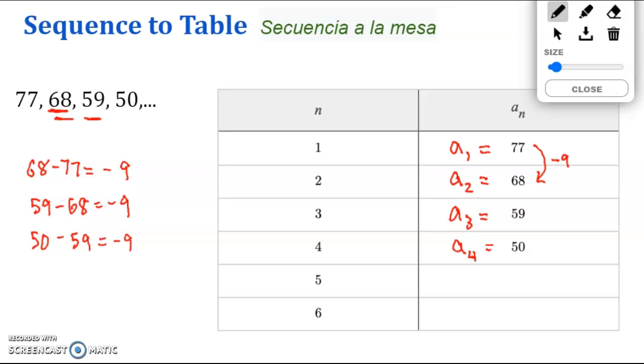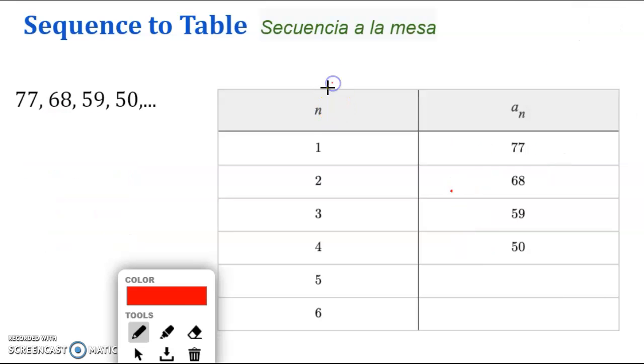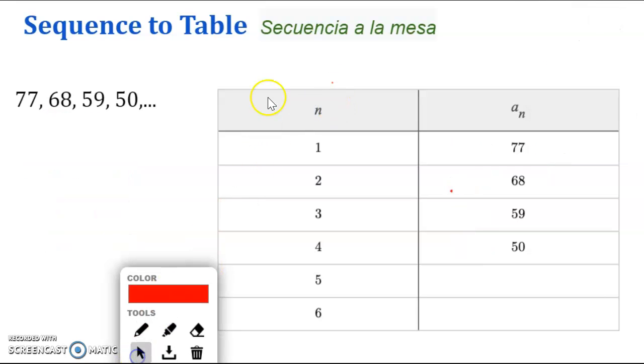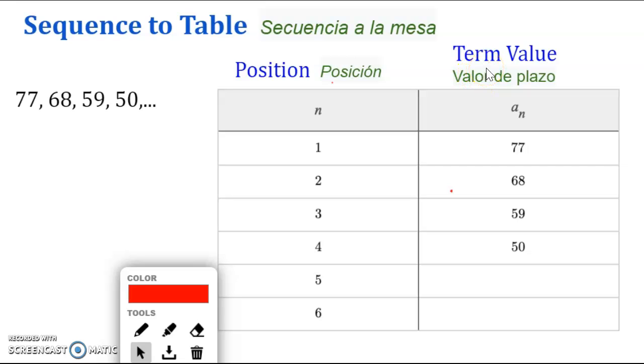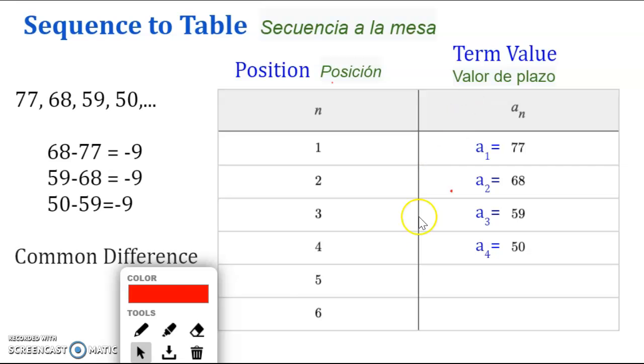Okay, so we can say that n refers to the position of the sequence, and a of n tells you the term value. So this is a sub 1, a sub 2, a sub 3, a sub 4. And we figured this out because the common difference is negative 9.